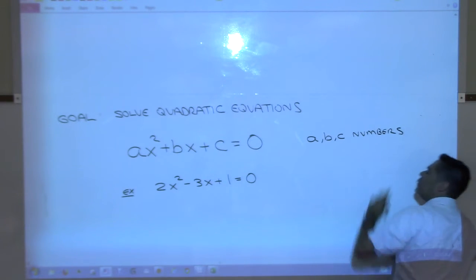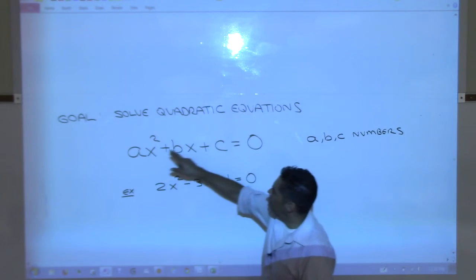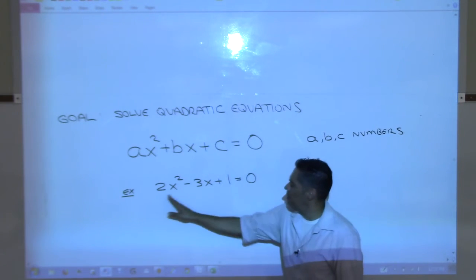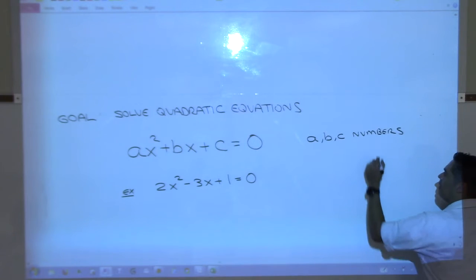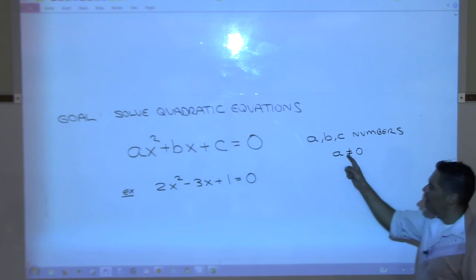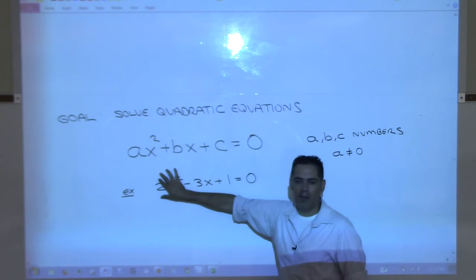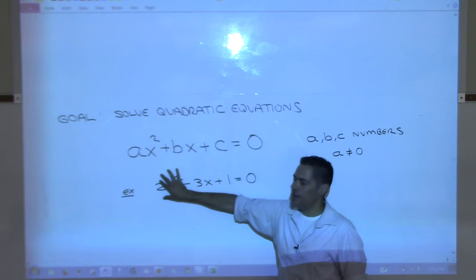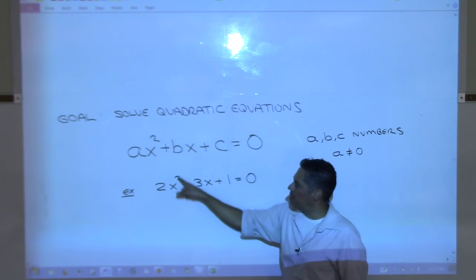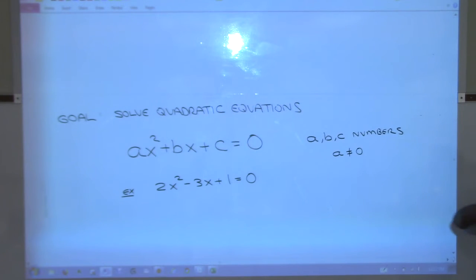So as long as we see numbers in front of x squared, x, and a number by itself, then we have a quadratic. We also have that A can't be 0, all right? So we cannot have that the number out here be 0, because if this is 0, then this is gone, and it's no longer quadratic. Quadratic comes from the idea that the variable is squared. All right, so that's an example of a quadratic.